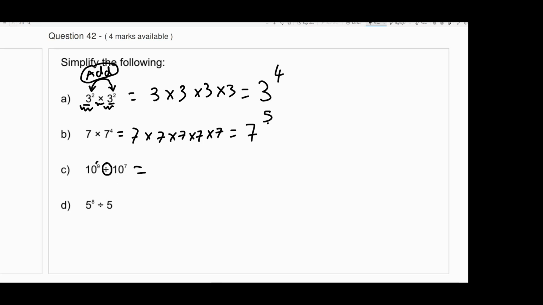So when we divide, what do you think will happen to the powers? Yeah, they get taken away. That's brilliant. So we get 10 to the 9 take away 7, which is 10 to the 2. And then for D, you've got 5 here, which is just 5 to the 1. So if you do 5 to the 8 divided by 5 to the 1, you get 5 to the 7. Because again, when you divide, you would take the powers away. But we only take them away when the big numbers are the same.